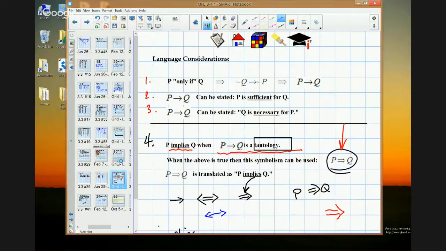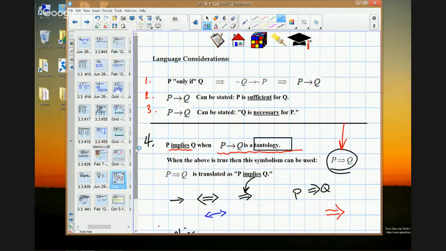That's basically why this is important. And you might get a question that has the words only if in it, and you'll go, well, he never taught me anything about that. Well, but I did teach you about the if-then statement. So basically, words like this come up in the English language. You have to know how to turn them into an if-then statement, and that's the application.